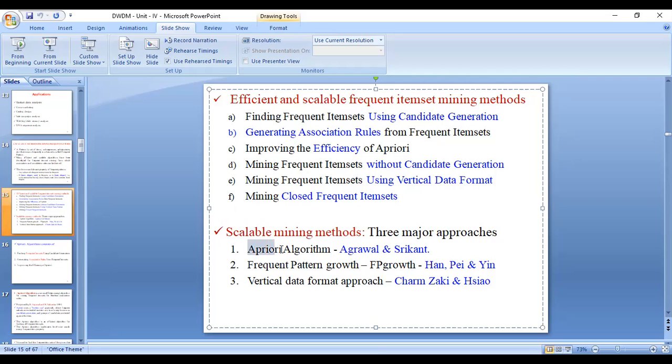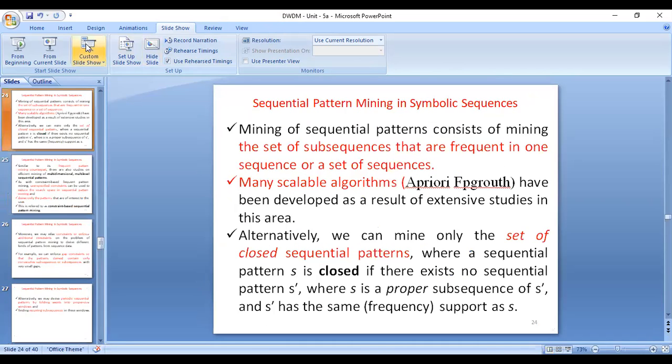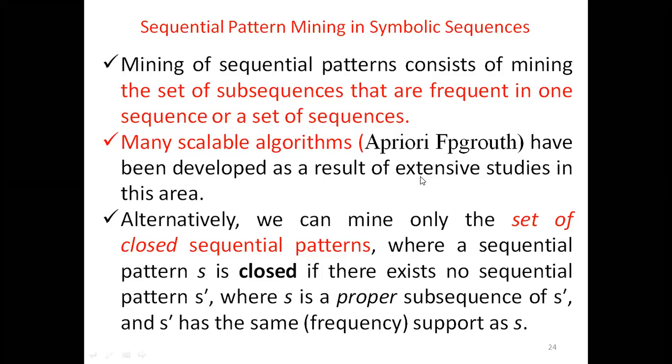The best scalable mining algorithms are the Apriori algorithm, the frequent pattern growth algorithm, and the vertical data format approach. These different scalable algorithms were developed as a result of extensive studies in this area.